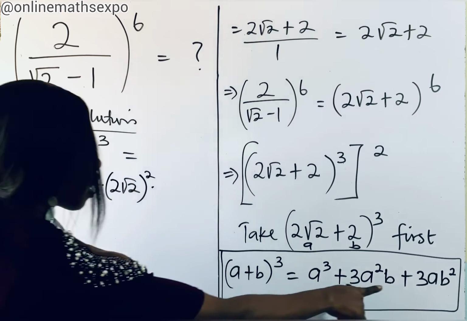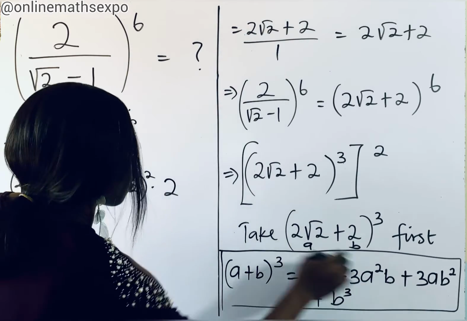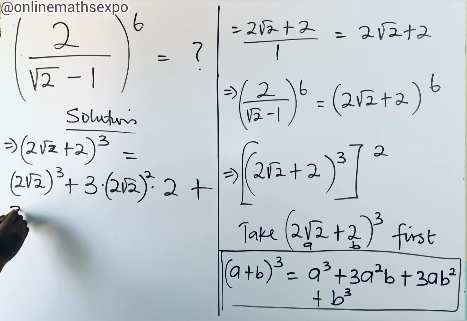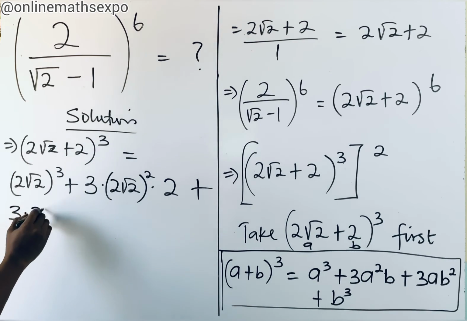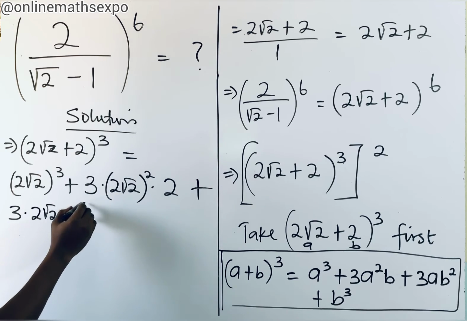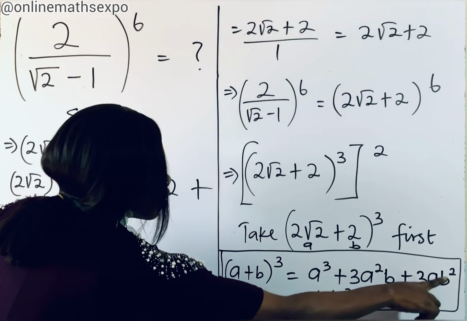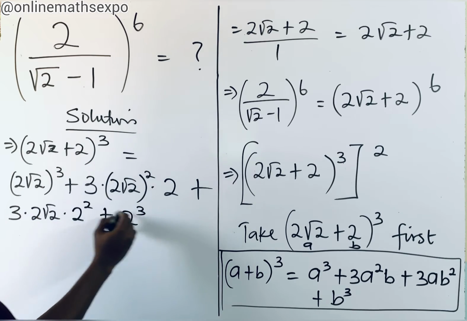Then multiplied by our B, which is this 2. I hope you are with me. Then plus 3 multiplied by A. Our A is 2 root 2 multiplied by our B, which is 2 to the power of 2. Did you see? Then plus our B, which is 2 to the third power.